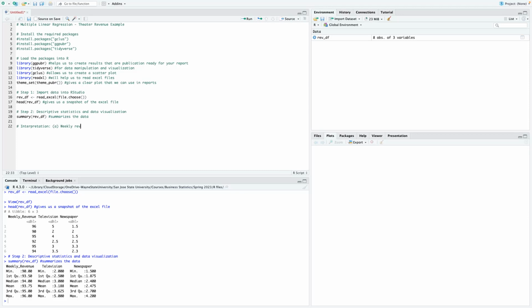Weekly mean less than median. So we could say that because when you look at it, the mean is less than median, right? So we can assume that this is a normal distribution and it's left skewed.